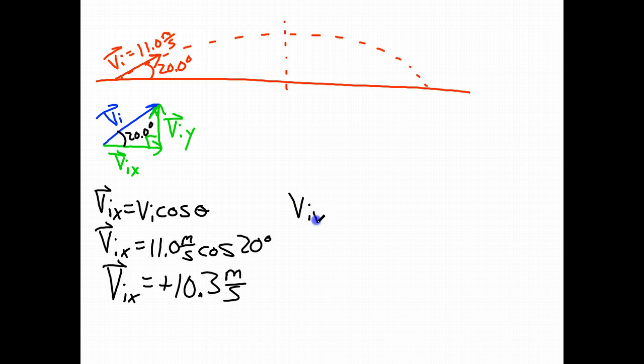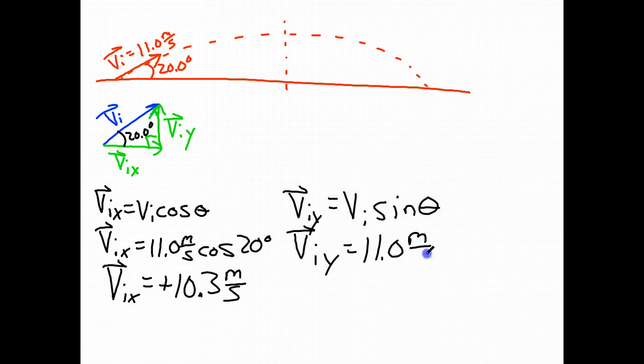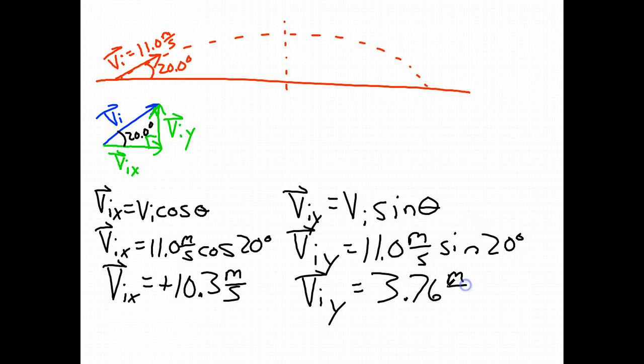All right, VIY then, since it's opposite the angle, it's going to be equal to VI sine of theta. So VIY is going to be equal to 11.0 meters per second sine of 20 degrees. We calculate that out, so it's 3.76 meters per second.